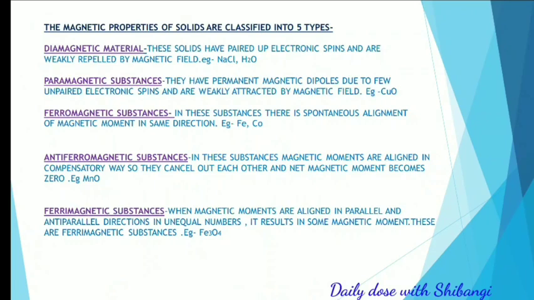The magnetic properties of solids are classified into 5 types: diamagnetic, paramagnetic, ferromagnetic, antiferromagnetic, and ferrimagnetic. So what is a diamagnetic material? These solids have paired up electronic spins and are weakly repelled by the magnetic field.